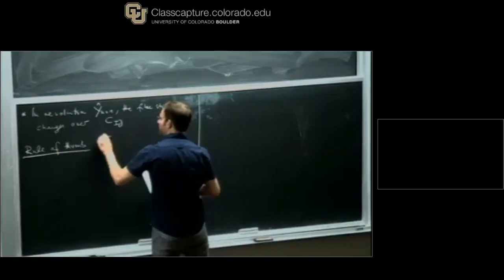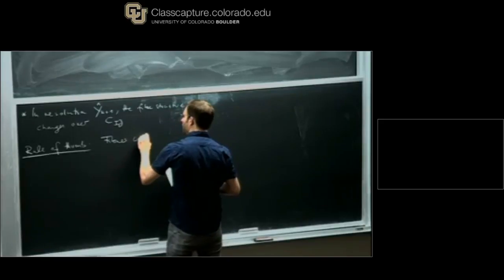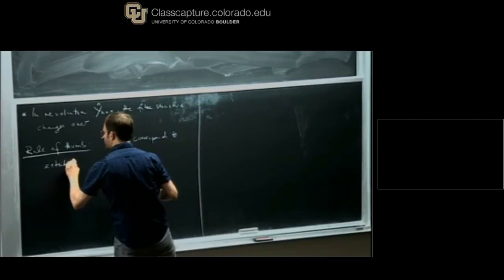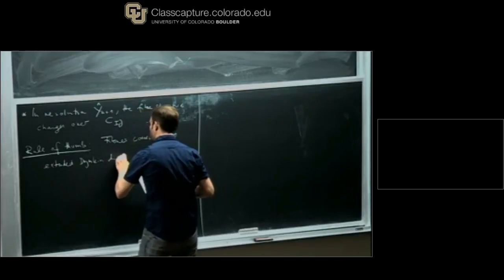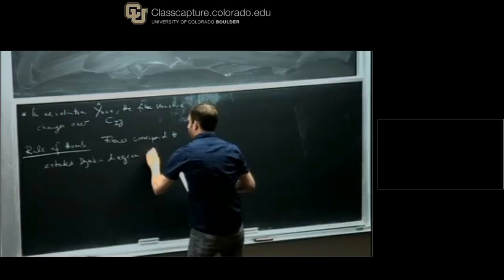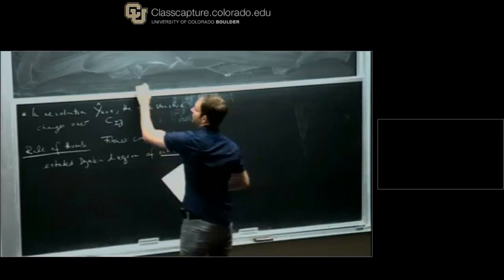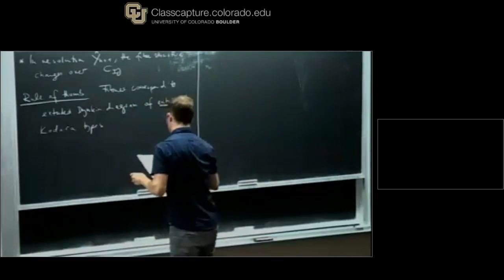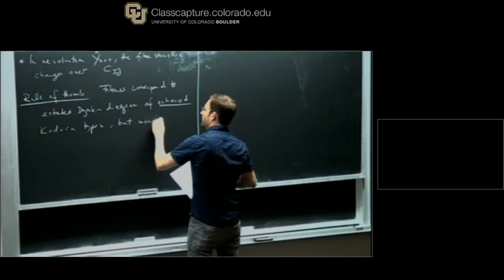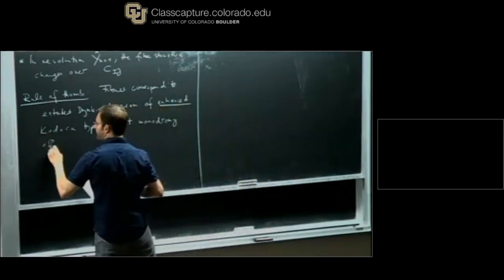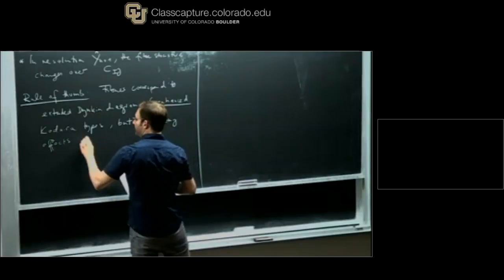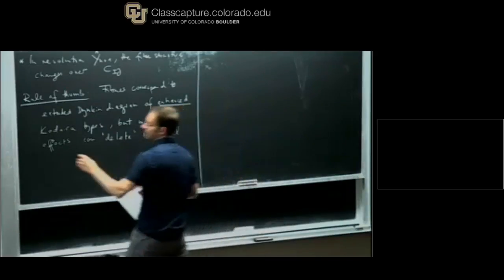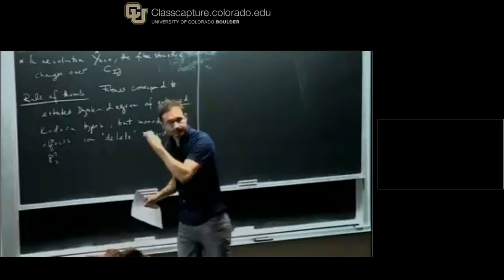So the rule of thumb to first approximation is that the fibers in codimension 2 correspond to, again, the extended Dynkin diagram of the enhanced Kodaira type, but monodromy effects can delete individual P1s or individual nodes in that diagram.